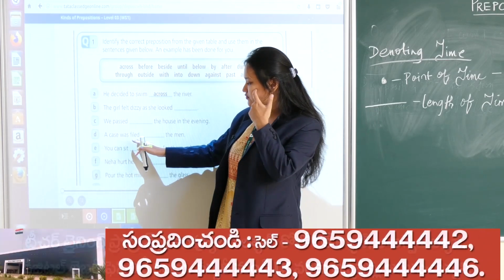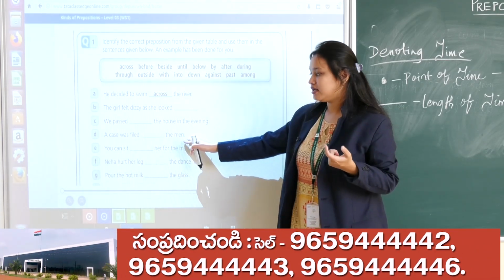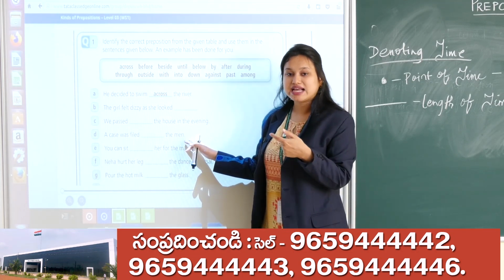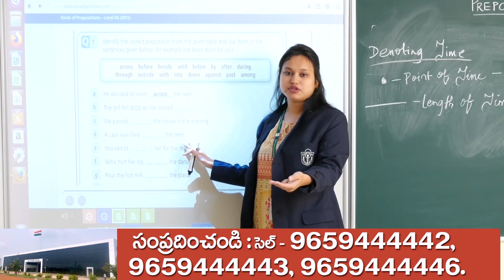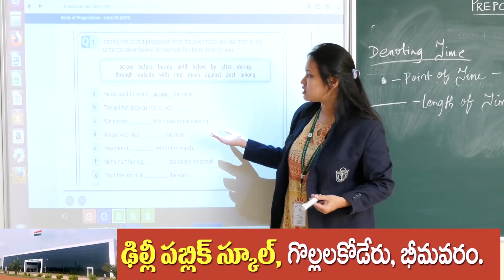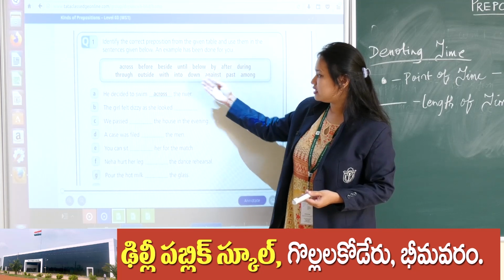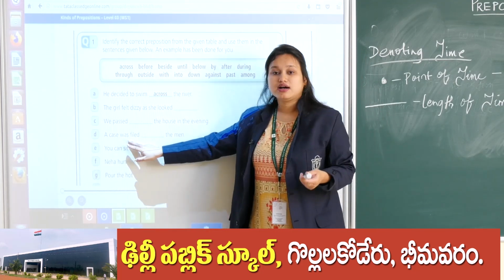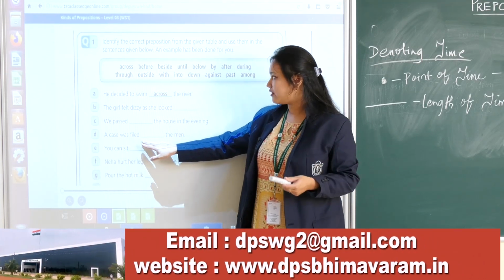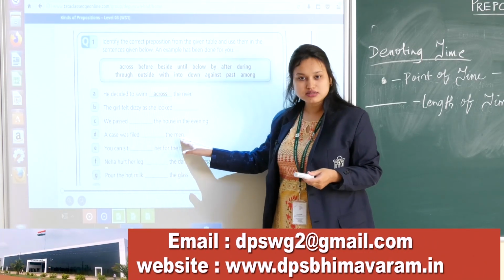A case was filed dash the men. Whenever you are filing a case, it has to be against someone. You cannot be in favor of the men. So it's easy. Which preposition is against there? Yes, against is there. So the answer is against. So a case was filed against the men.